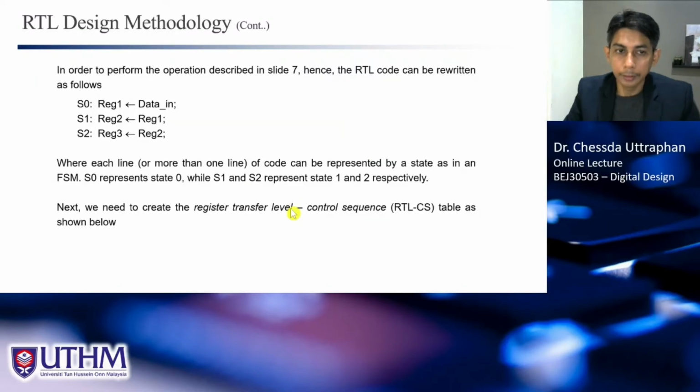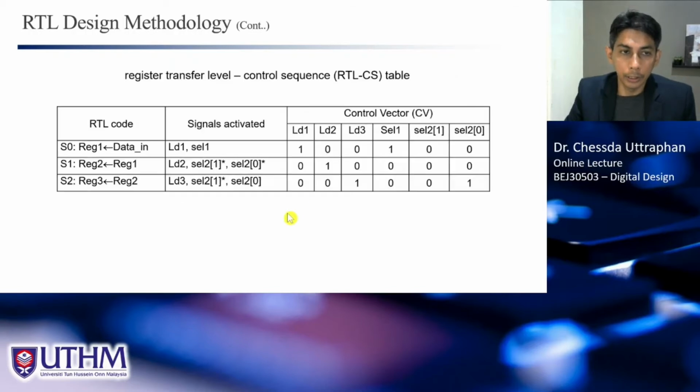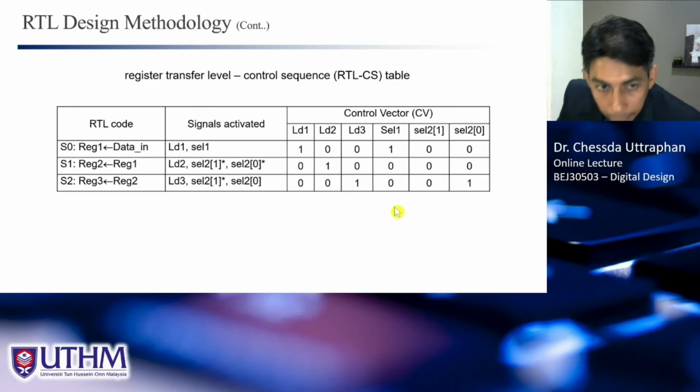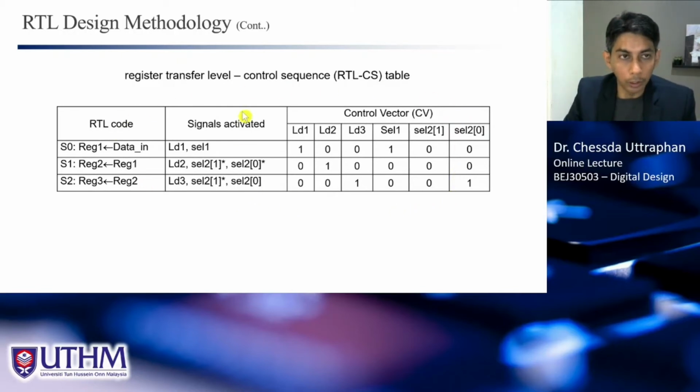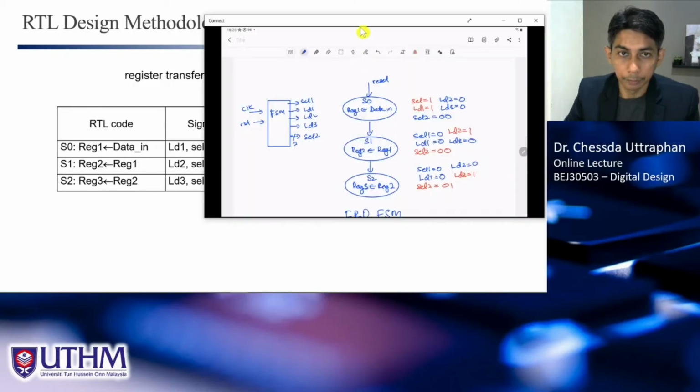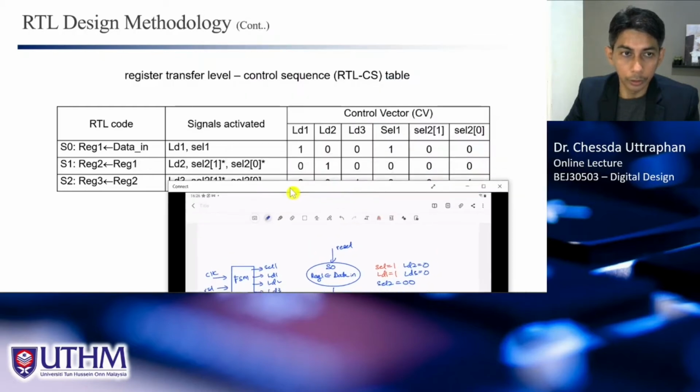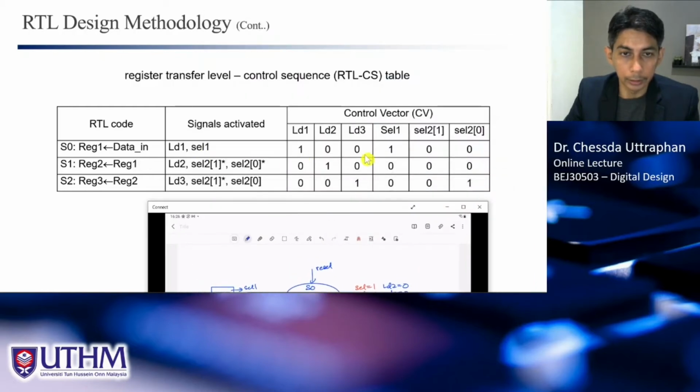So for the RTL design methodology, the state diagram we can also represent in the form of what we call the RTL control sequence table. So this actually represents the state diagram and also the activated signals here.